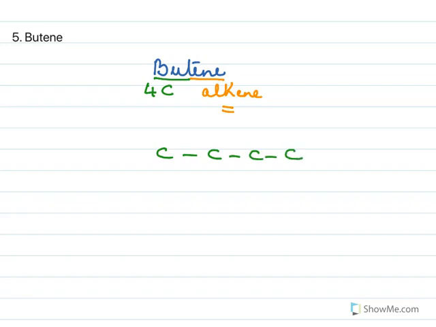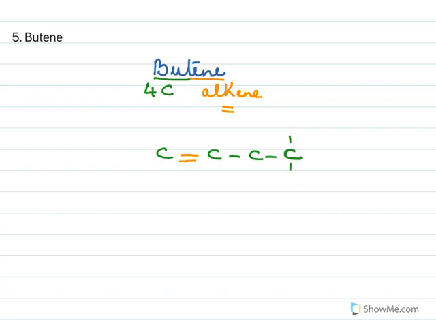Now the double bond could be anywhere. It could be in the first place, or in the second place, or in the third place. However, these are different compounds, but for now, as I told you earlier, we will keep it in the first place. So we have put the functional group, we have put the 4 carbons. Now we have to give 4 arms to each carbon.